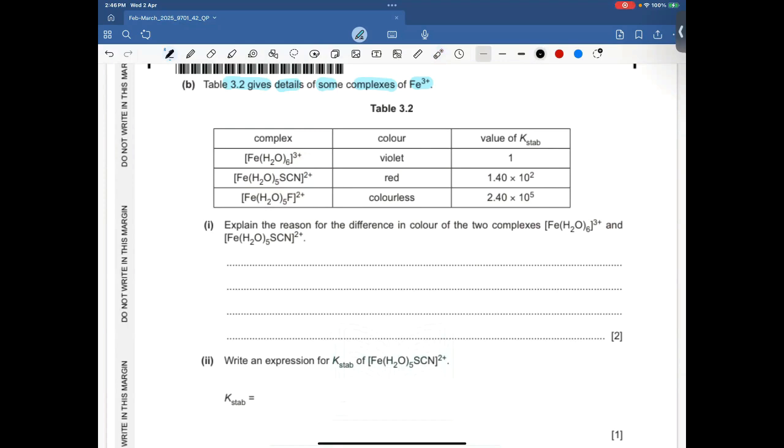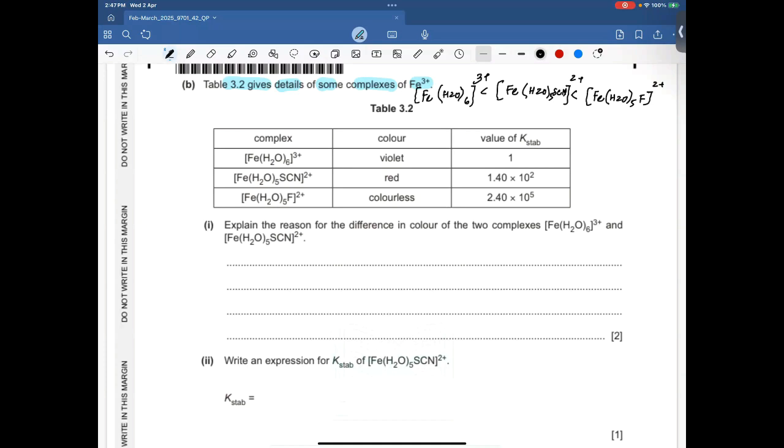So from these K-stab values, I conclude one thing. The Fe(H2O)6 3+ complex is the least stable one, then this one, and then this one.